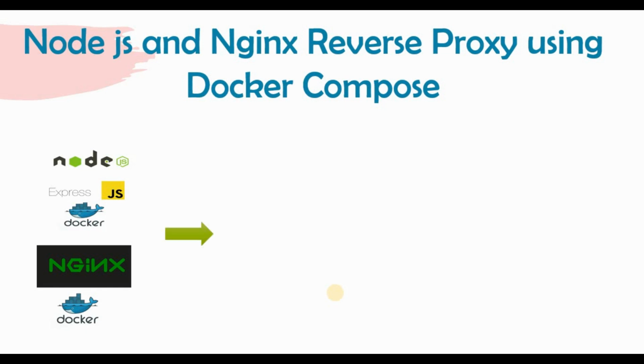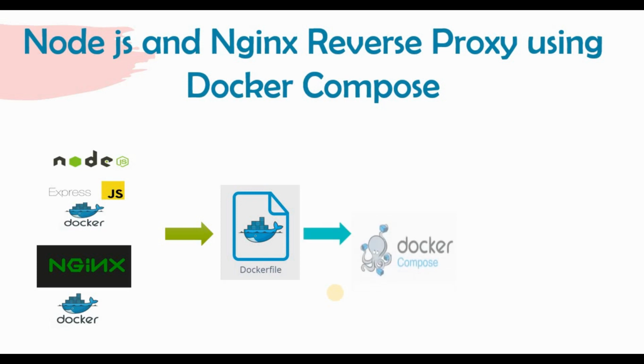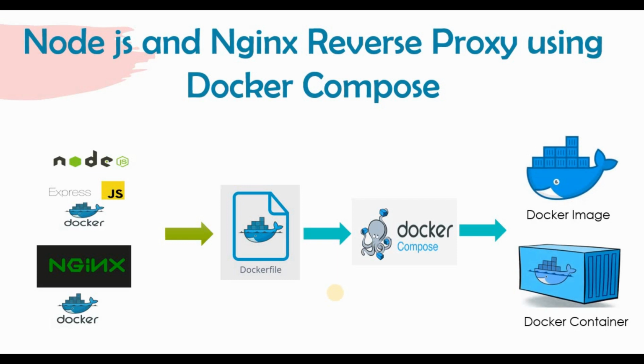To do that, we'll make use of the Dockerfile which we created in the previous tutorial, but we will not be building a Docker image using the Docker build command. We will write the Docker Compose file, and when we run Docker Compose up, it will automatically create the Docker image and also the Docker container. Okay, so that will be the overall process we will do in this tutorial.